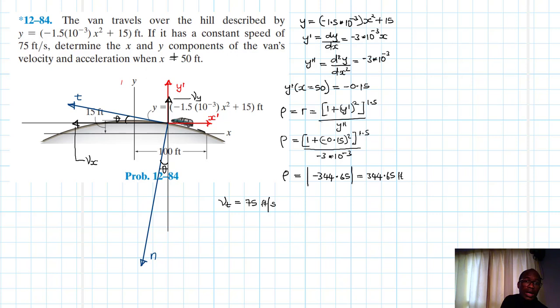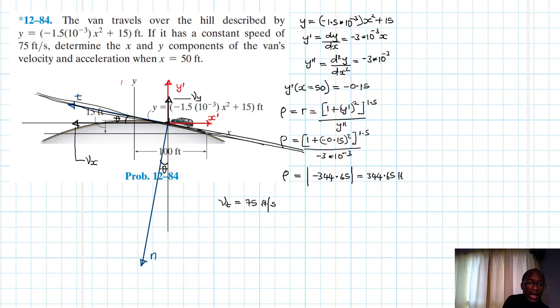Since our velocity is constant, we expect acceleration to be equal to 0 along the t-axis.